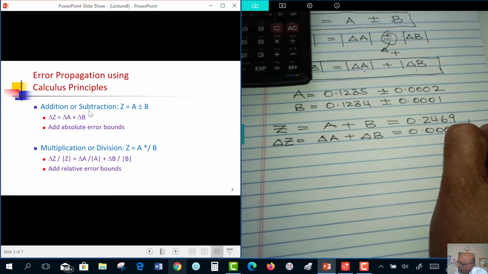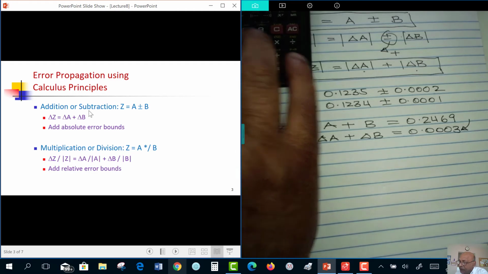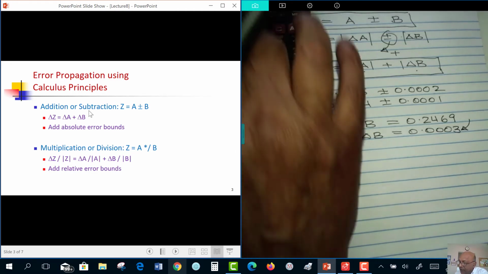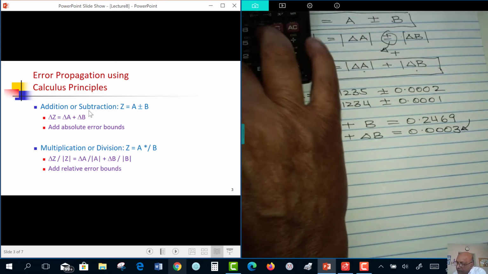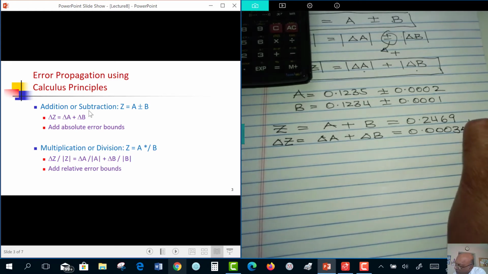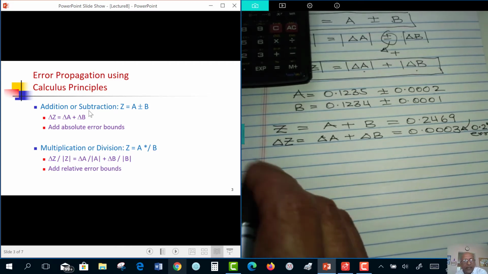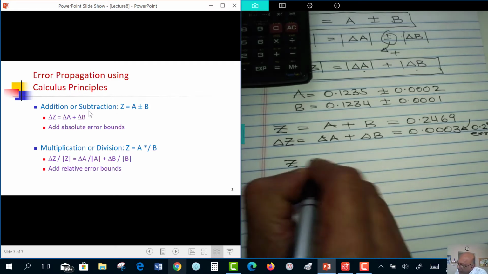Now, in terms of percent error, let's calculate percent error. 0.0003 divided by 0.2469 times 100, and we round up, so we get 0.2% error. It's an error bound.